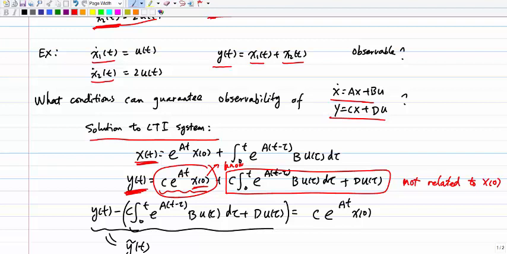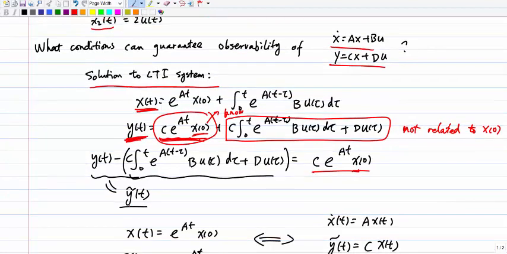If I move it to the left-hand side, the right-hand side only keeps the x0 part, so I have y(t) minus a whole bunch of stuff on the left. If I define this left-hand side, y(t) minus a whole bunch of stuff, as y tilde t, a new y(t), now I can write this one.